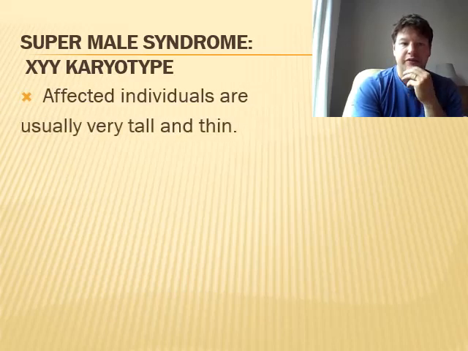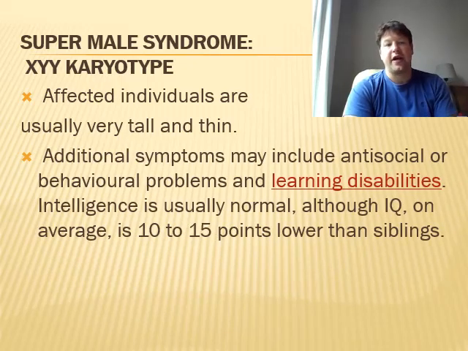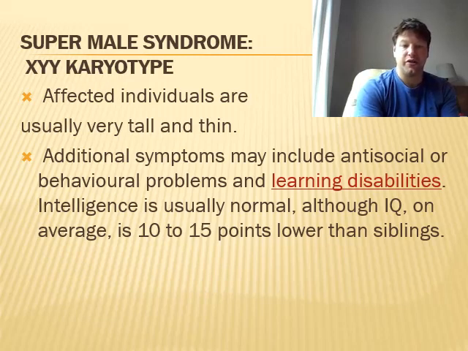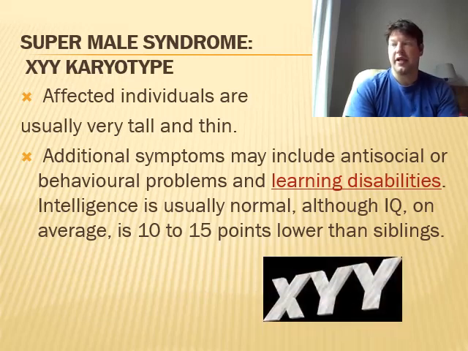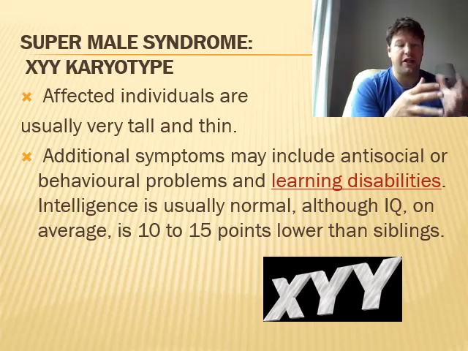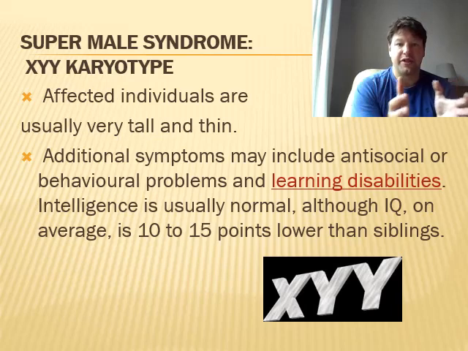Affected individuals are usually very tall and thin. Additional symptoms may include antisocial behaviour problems and learning disabilities. Intelligence is usually normal, although IQ on average is 10 to 15 points lower than siblings. What this is basically saying is that they have found a genetic link, a genetic difference, this XYY, this double Y, and that leads to problems, of which some are antisocial or behavioural problems.